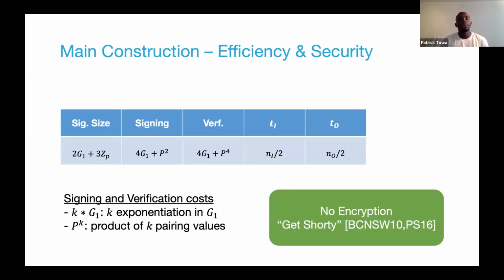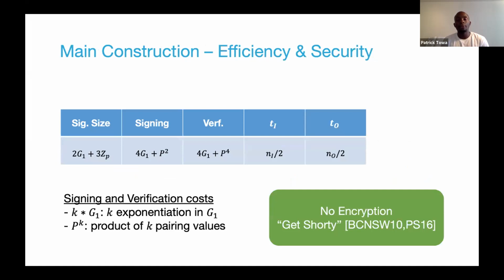The second contribution of the paper is a practical scheme that is fully threshold, with threshold issuance and traceability. The signatures are relatively short as they consist of only two group elements and three exponents, and the signing and verification costs are also relatively low.